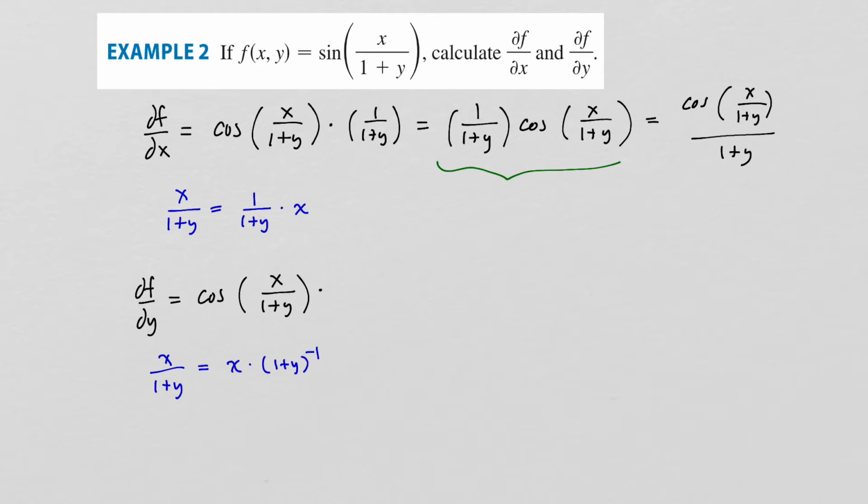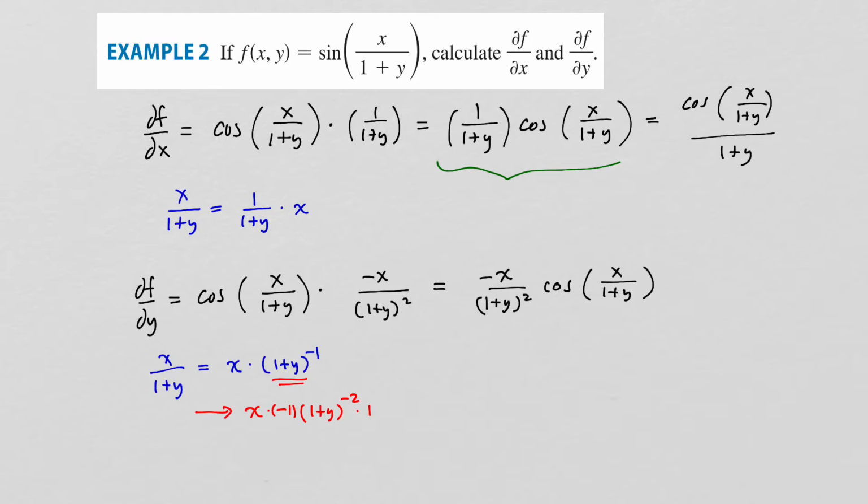Now, when I take the derivative of that, x is a constant, and the derivative of this part will be negative 1 times (1 plus y) to the negative 2 times the derivative of the inside, and the derivative of y with respect to y is 1. So the derivative there ends up being negative x over (1 plus y) to the second power. And again, I would move this in front of the cosine function. And there is our derivative.